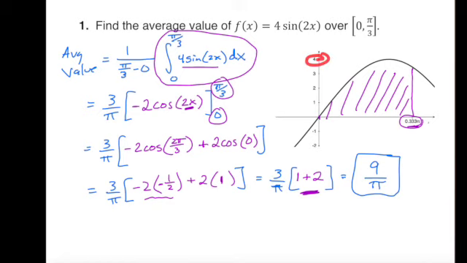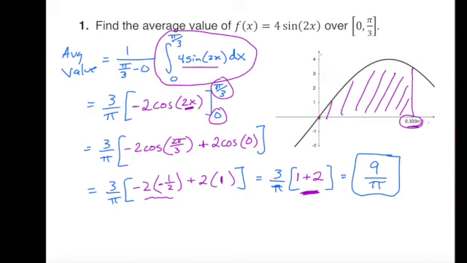And you can see the highest y value is 4, the lowest is 0, but the average one over that interval is 9 divided by pi, which would be about 2 point something, a little bit less than 3, probably 2.8 or so. And that would make sense to be around there. That's the average y value, taking all those y values into consideration. That would be about it.